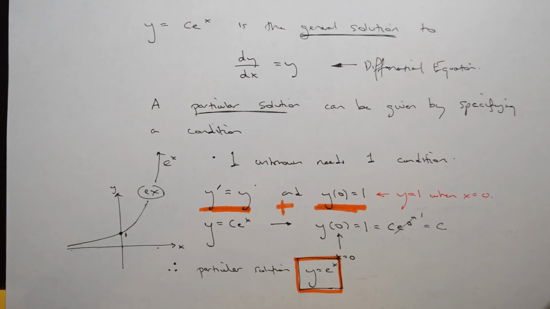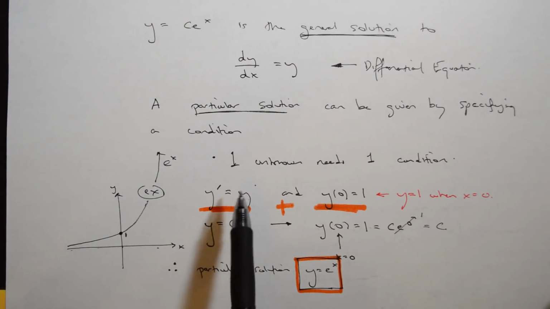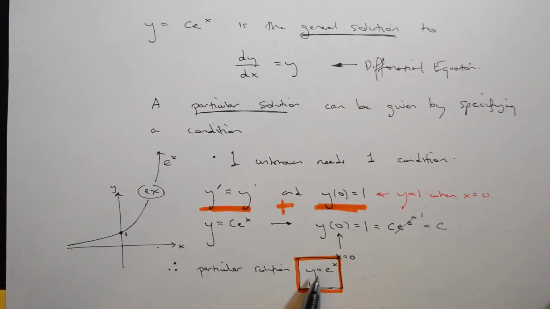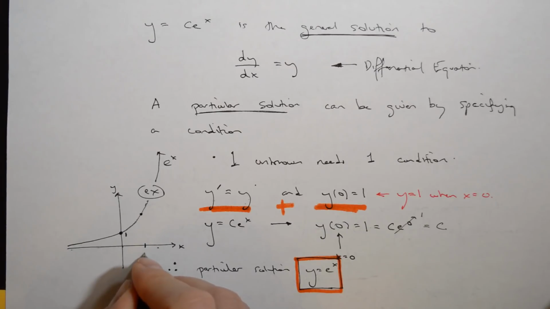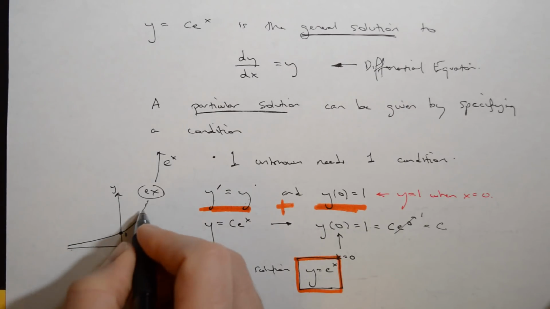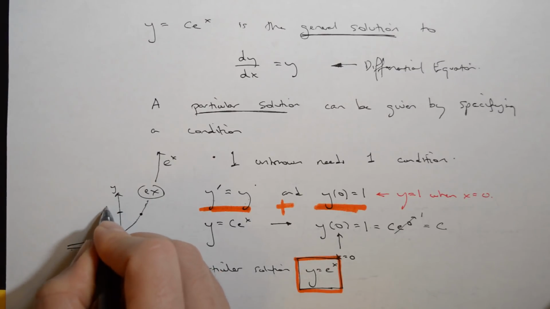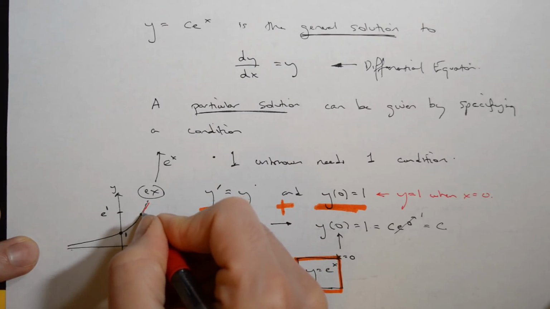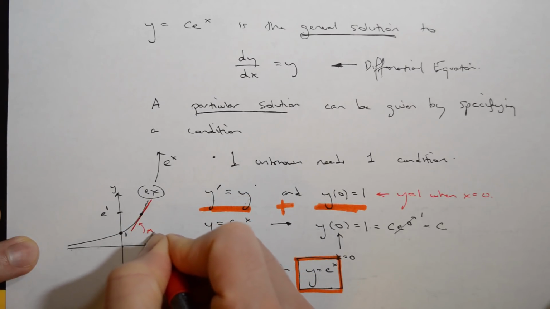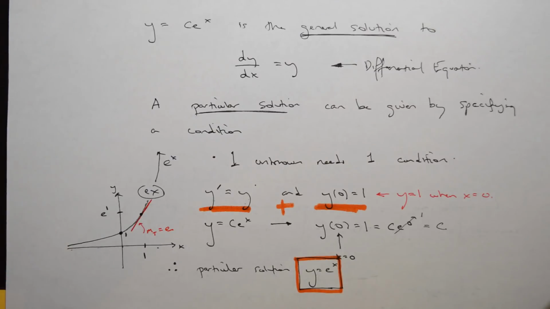It is actually of significance that the derivative is equal to the function; this defines the property. So for example, we say that the slope of the function is equal to the value at the point. So y prime equals y means when x is 1, then the value of the function is e to the 1, and also the slope of the tangent line to the curve is e, right? So this tangent line has slope m tangent equals e.